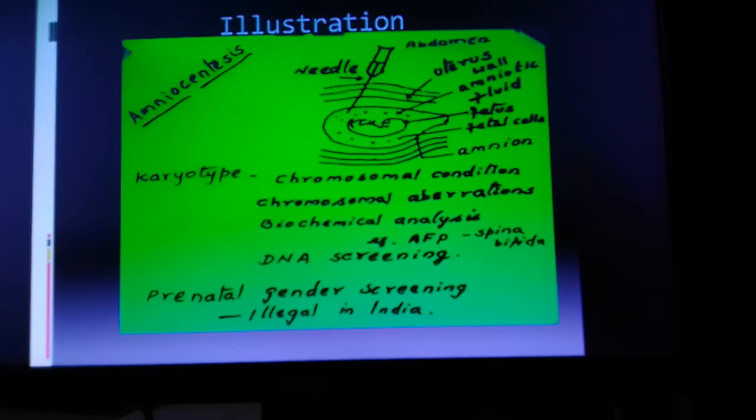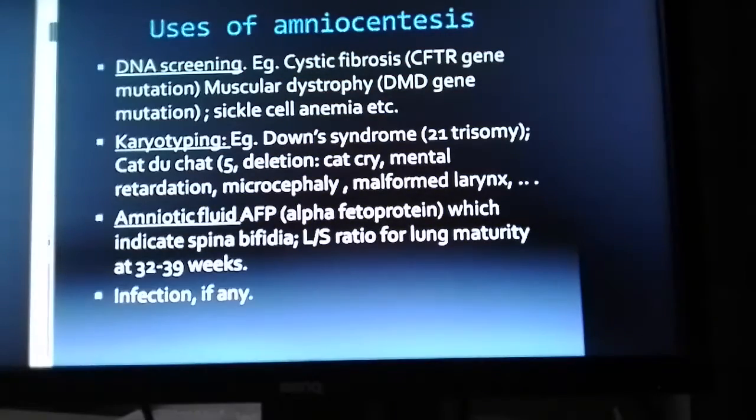And the amniotic fluid also may be subjected to some biochemical processes. Now, due to the modern advancement in biotechnology, bioinformatics and microbiological procedures, you can find out even at the gene level any defect present by DNA screening methods.